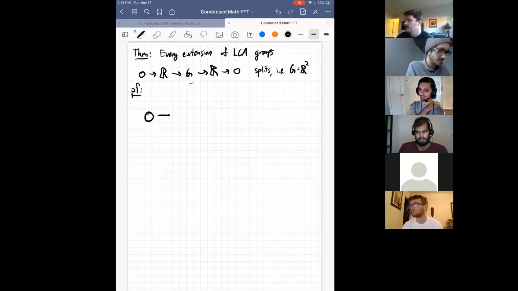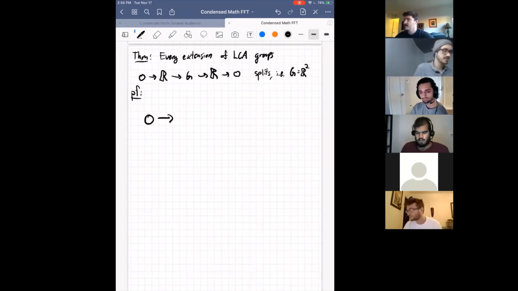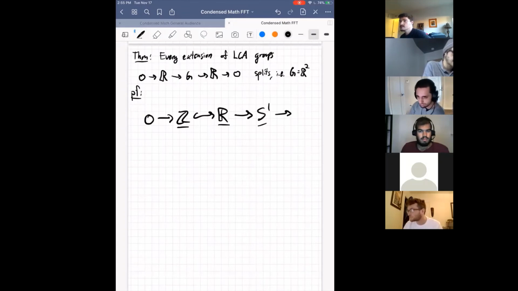Okay, cool. So the exact sequence that I wanted to talk about: you should think about this as pedestrian abelian groups, but it's actually condensed abelian groups. I'm just using the fact that S^1 is R mod Z, and that's now a short exact sequence.